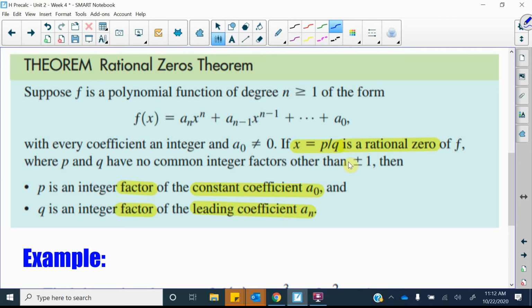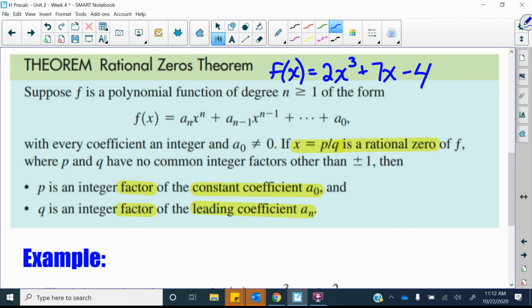Let's say in a polynomial, let me just make up one, let's say we have 2x + 7x - 4.